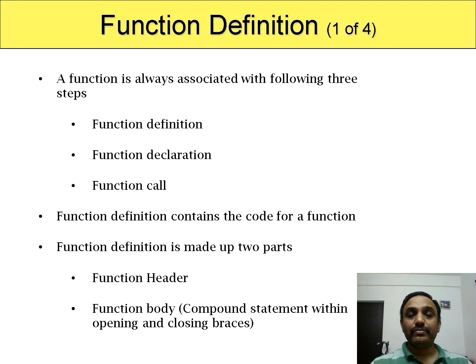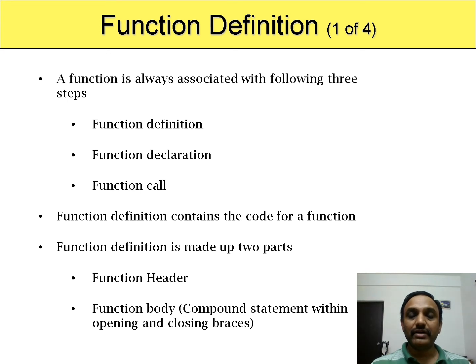To write a function, mainly what do you require? We require function definition, function declaration, and function call. The function definition contains the code for the function. What is the job you want to perform on the arguments?